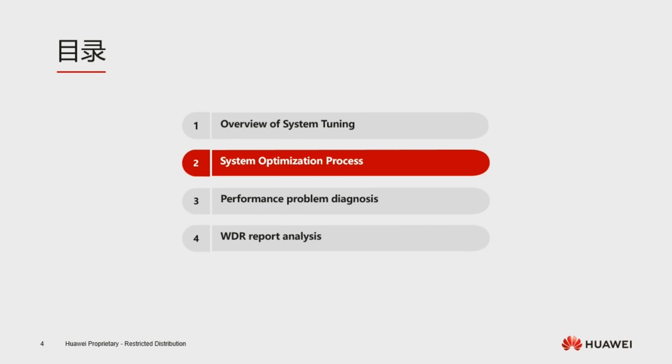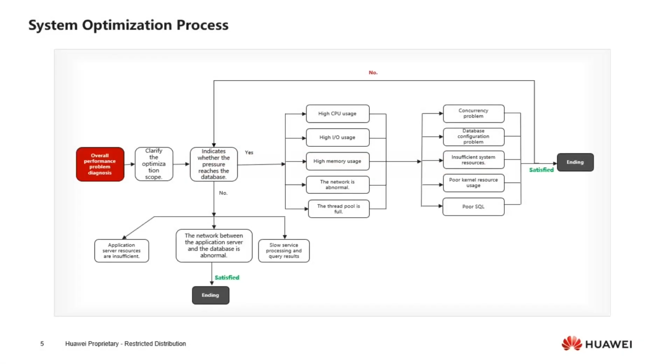Having a big picture in mind, we will then look at a systematic way of doing such an optimization. In a general optimization process, we start by determining the scope. Does the whole system suffer from a performance degradation, or is it just a single application subsystem, or a single SQL clause?